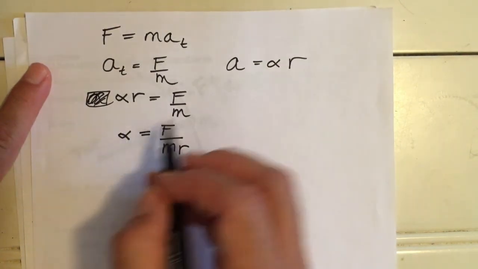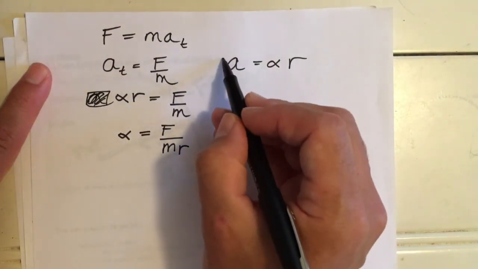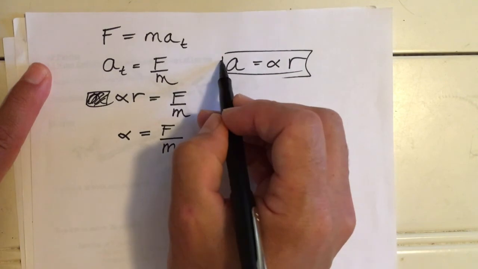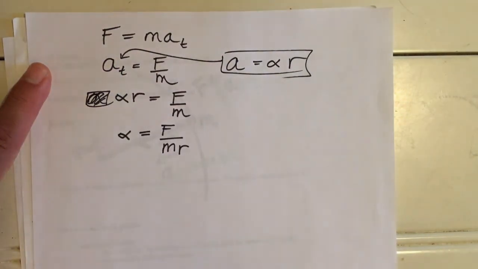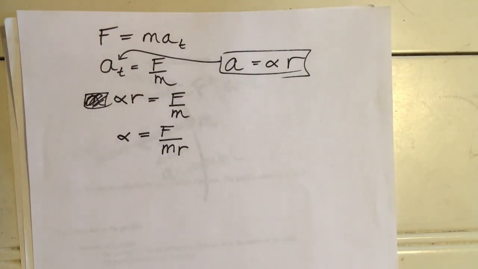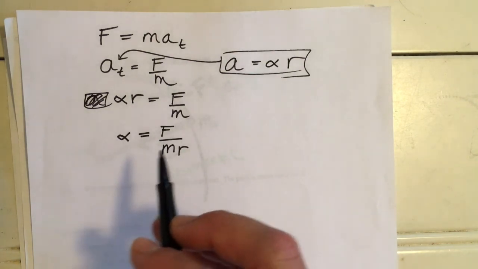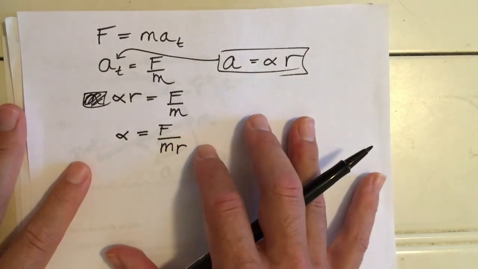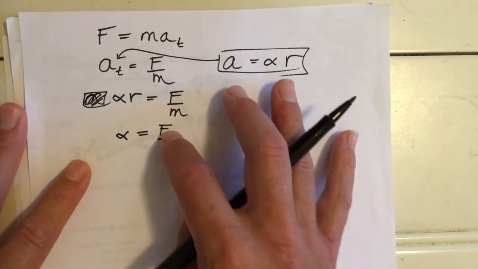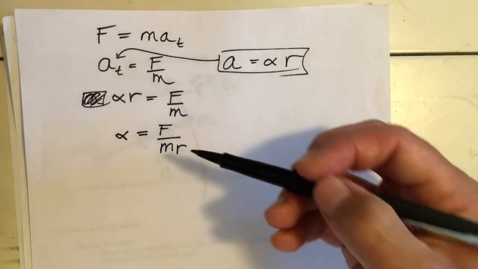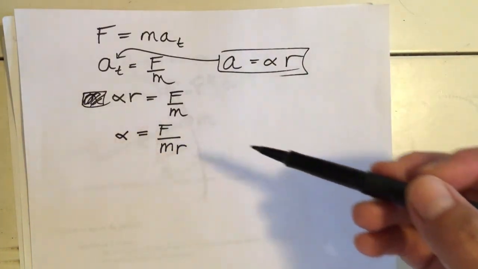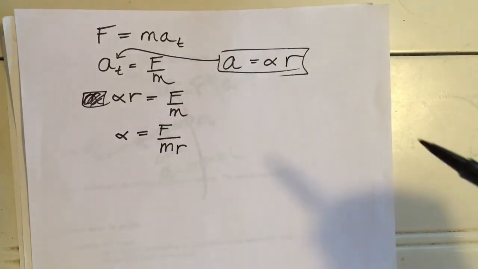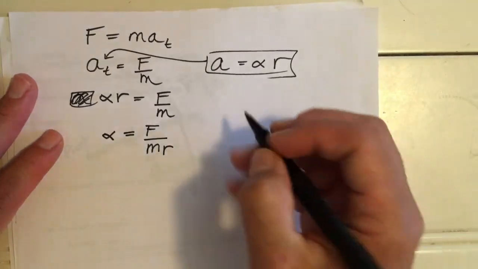So just by making that substitution of alpha r in for acceleration, we now see that alpha equals F over mr. All right, but this still isn't quite good enough because we said that there is an angular equivalent to force called torque. So we need to deal with that, right?